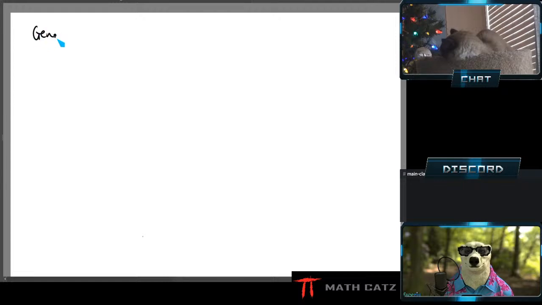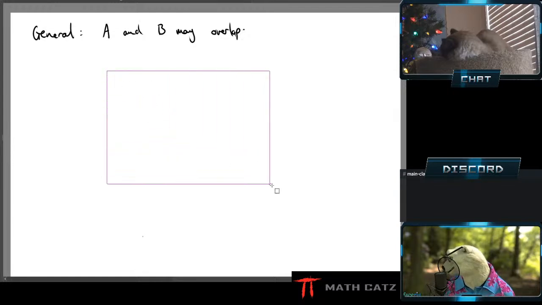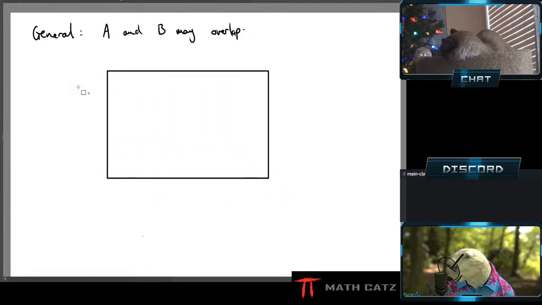In general, A and B may overlap. So then the Venn diagram has to be the general position, right? There. General position.